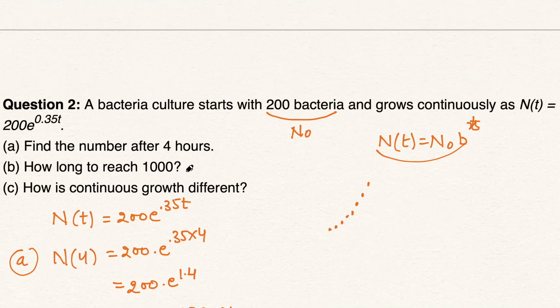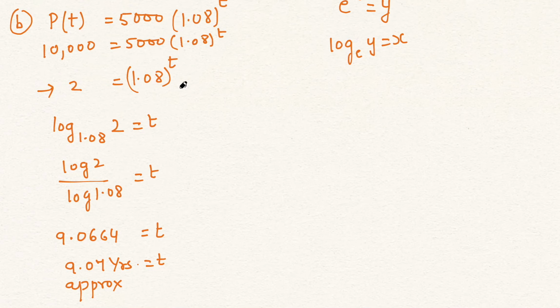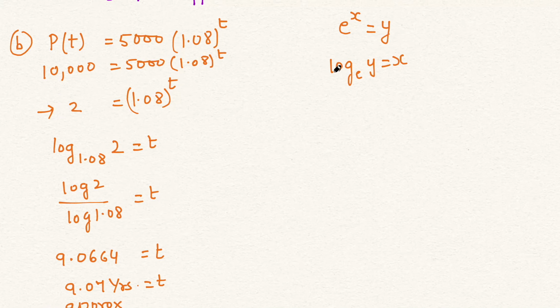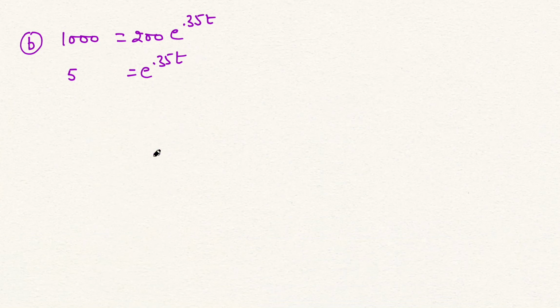Now, if we go back to the previous question where time is a variable, we applied a rule, converting an exponential equation into a logarithmic equation. But if the question is from continuous growth, we use the method of applying natural log on both sides.